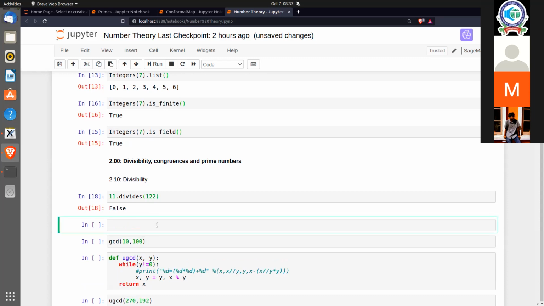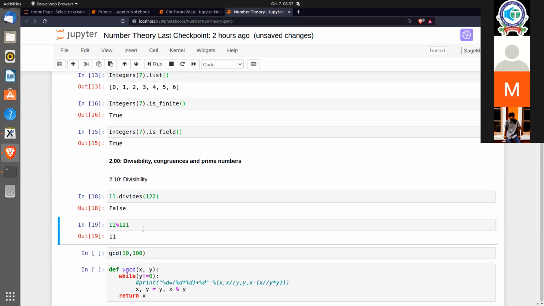The equivalent of this, if I don't want to use any inbuilt functions at all, is to use the percentage operator. So I take 121 mod 11 and check if it's 0. Both of these operations are essentially equivalent.